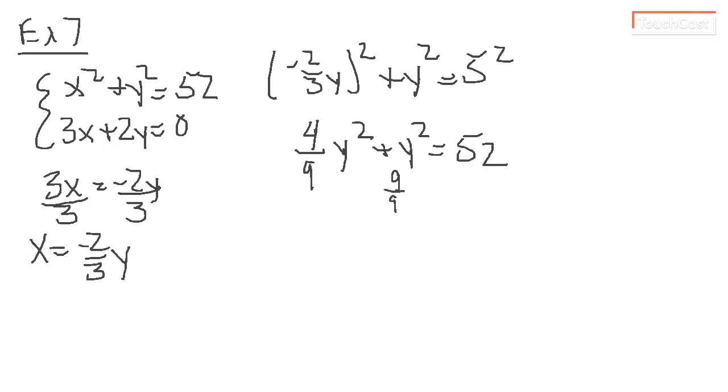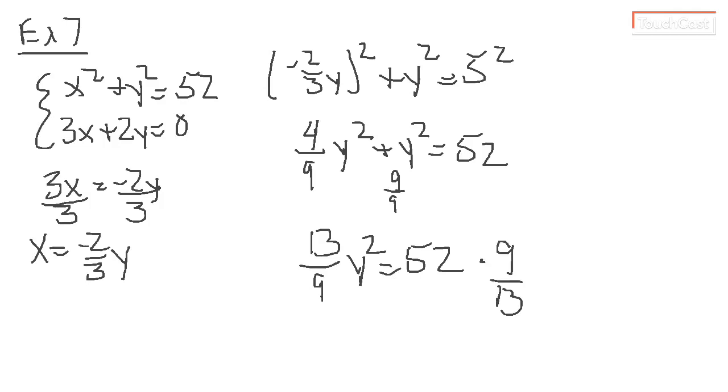If we add 4 and 9, we're going to get 13/9 y squared equals 52. And instead of dividing by 13/9, let's multiply each side by its reciprocal, 9 over 13. So we'll have y squared is equal to 52 times 9 divided by 13. That's going to give us 36.